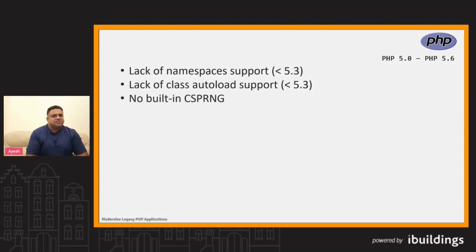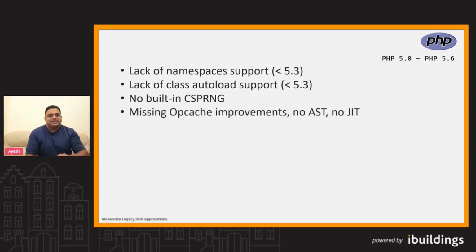And in all those PHP versions, we didn't have a proper CSPRNG, which means cryptographically secure pseudo random number generator. So basically most of the random number generators were not very secure unless you used something like OpenSSL. But I mean, no one really did that 10 years ago.